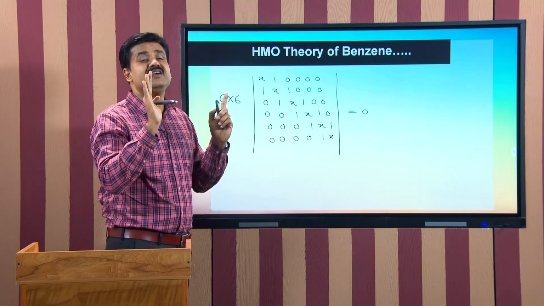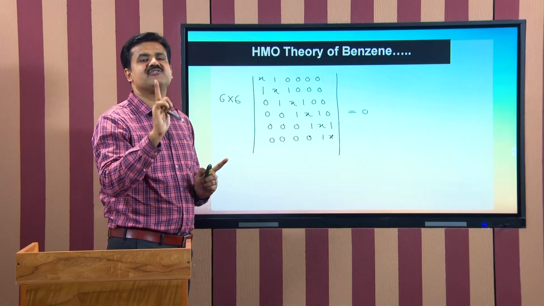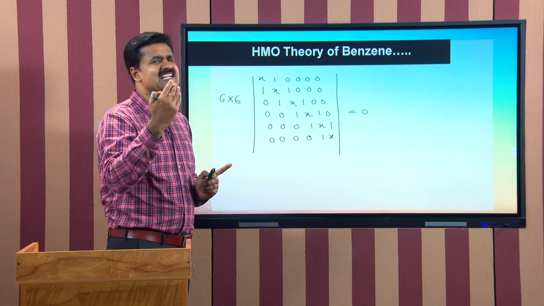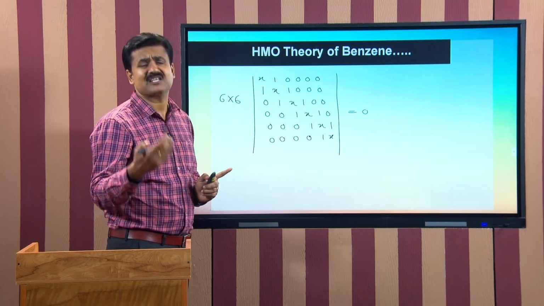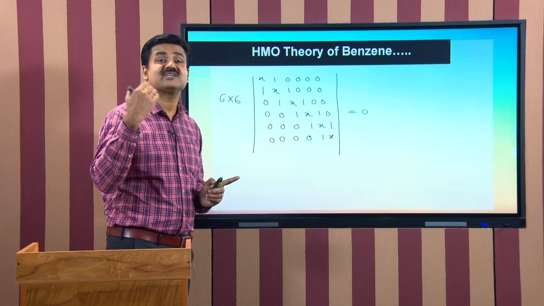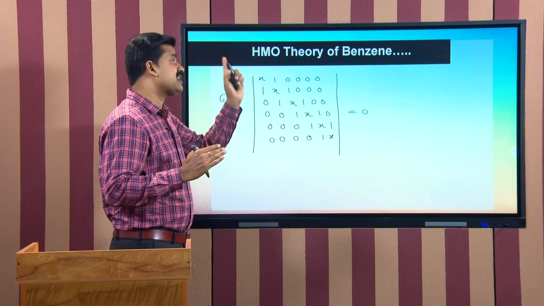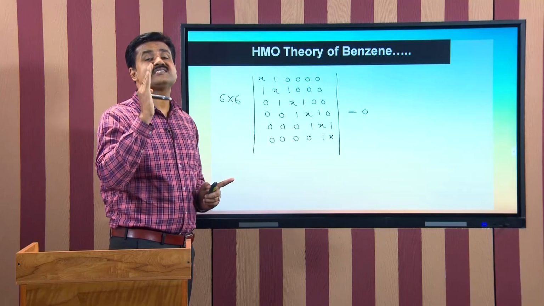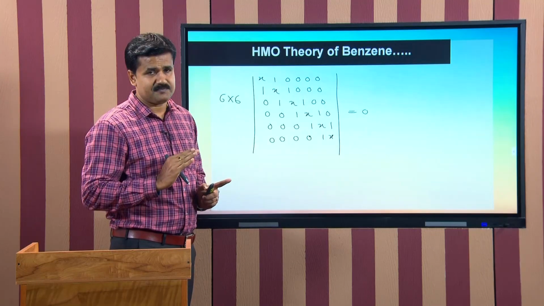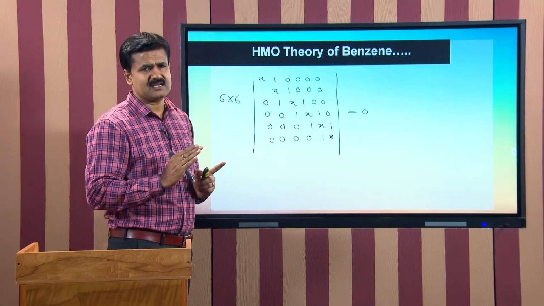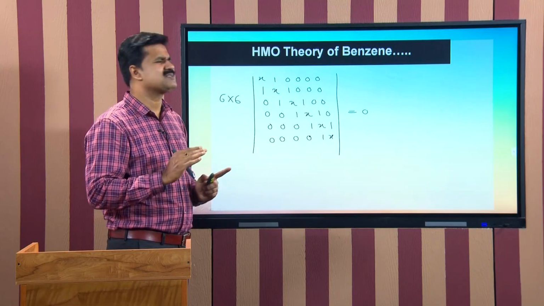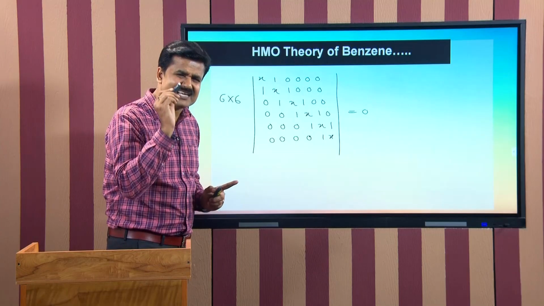But a very important thing we have to consider here is that we previously learned systems like ethylene, butadiene, etc., but they are not cyclic systems. We are now considering the benzene molecule, which is a cyclic conjugated system. In representing the secular determinant of cyclic conjugated systems, we have to make a slight correction.